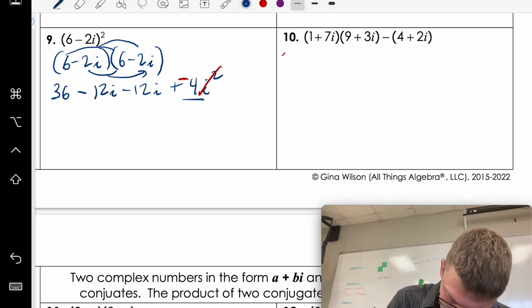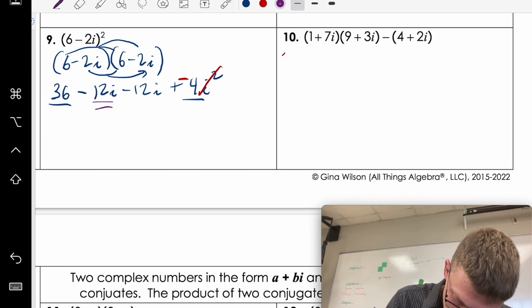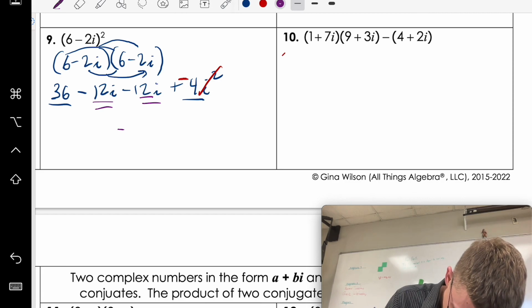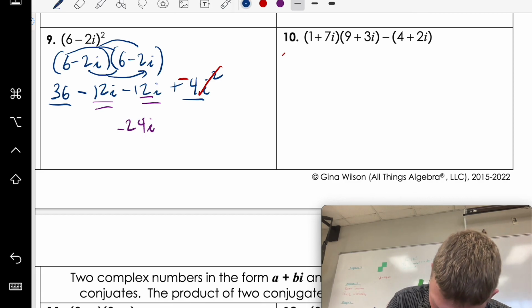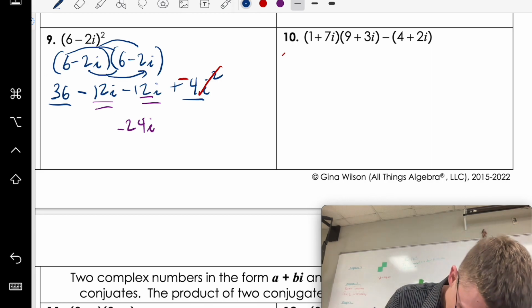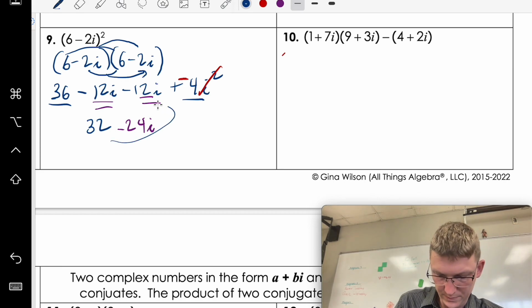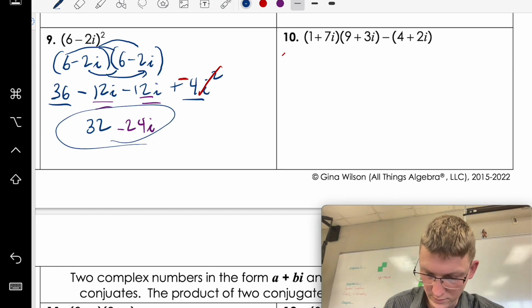So then this can be combined with that. These two can be combined. And then we've got negative 24i and 32. And there's your answer in pretty colors.